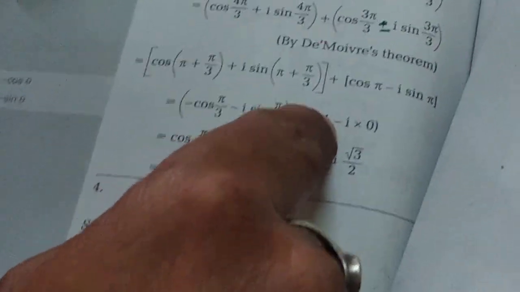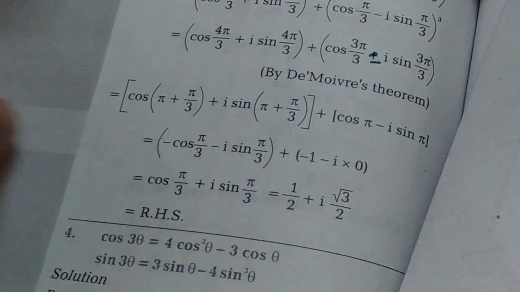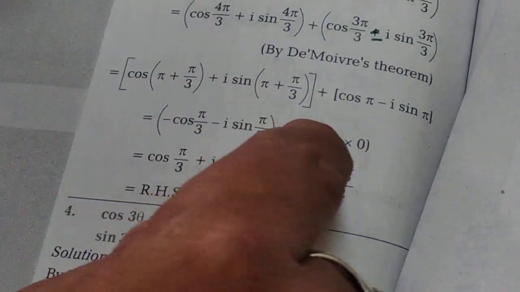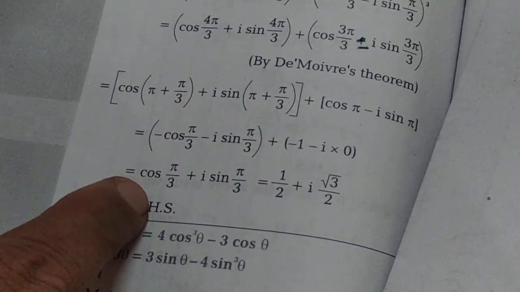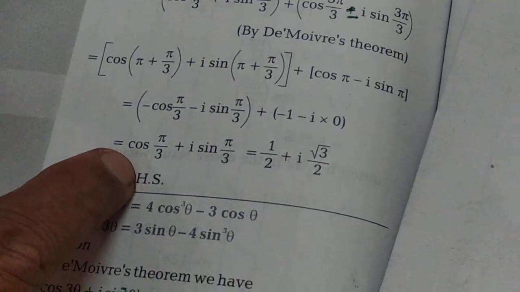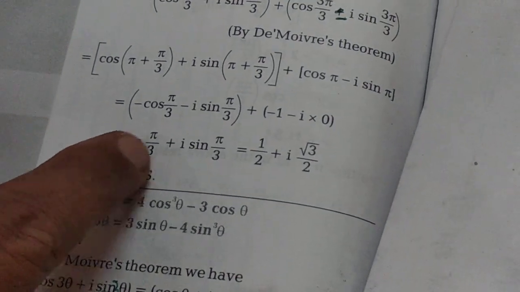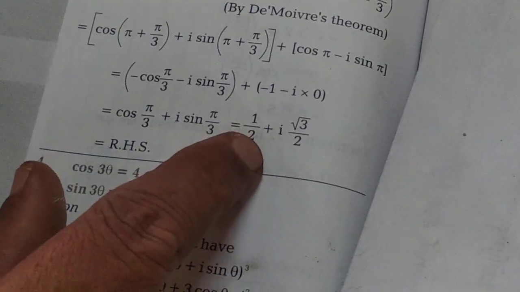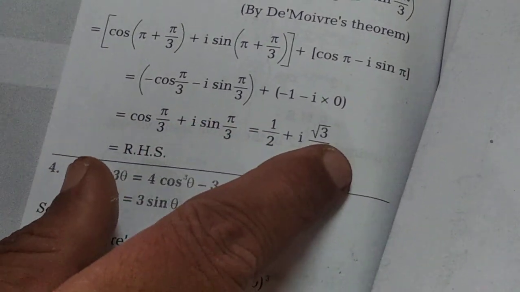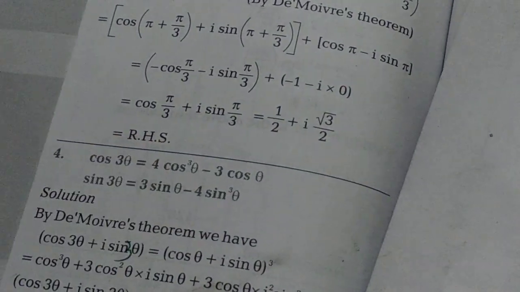So this becomes minus 1, minus we take it out, and this minus becomes plus. So ultimately we are getting the LHS as cos pi by 3 plus I sin pi by 3. But what is cos pi by 3? That is half. Sin pi by 3 is root 3 by 2, and this is nothing but our RHS. So we have proved the result.